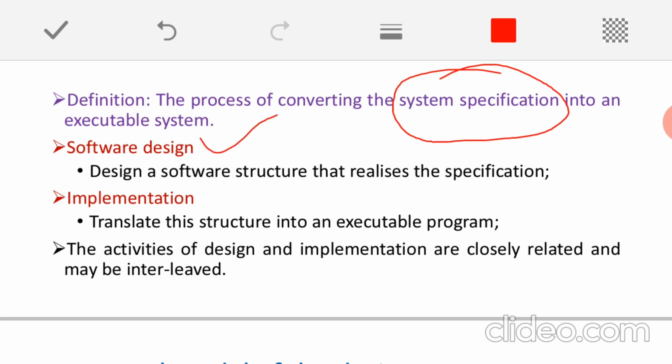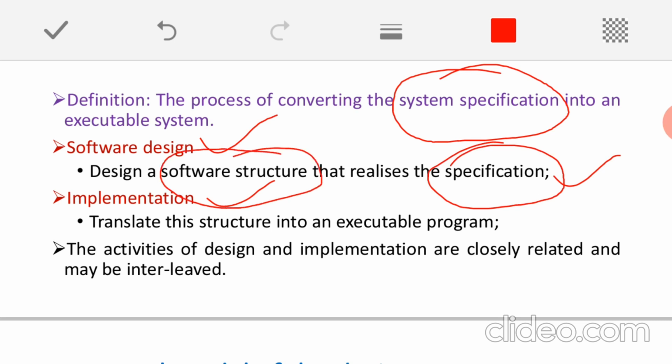Basically there are two activities involved in this particular stage. One is software design and another one is implementation. Is it clear? The software design is concerned with designing a software structure that realizes the specification, meaning according to the specification that we have defined in the previous stage, we need to design the software. We have to define the structure of the software. That is to be done in software design.